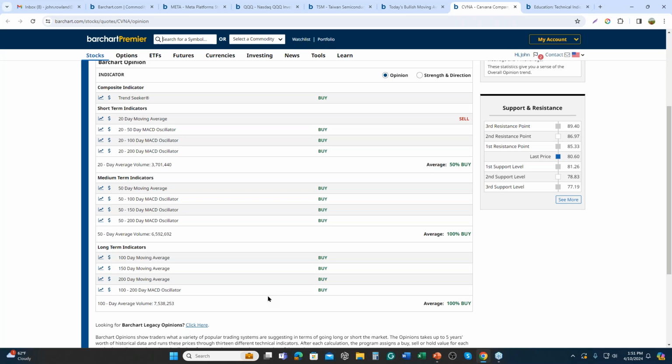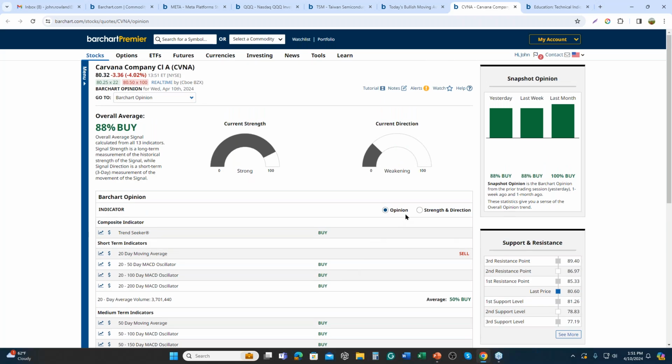In other words, is price above or is it below, or do we have that positive crossover or that negative crossover? You can see here for Carvana, the 20-day moving average is a sell. Why is it a sell? Because current price is below the 20-day moving average. But we can see all the other ones are still a buy.